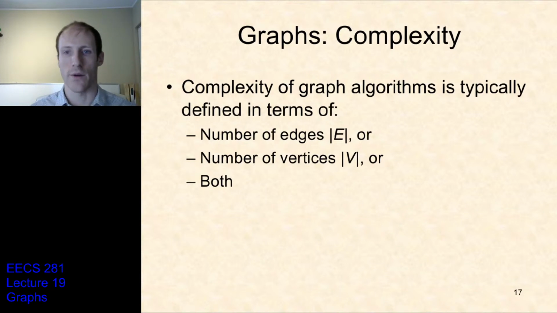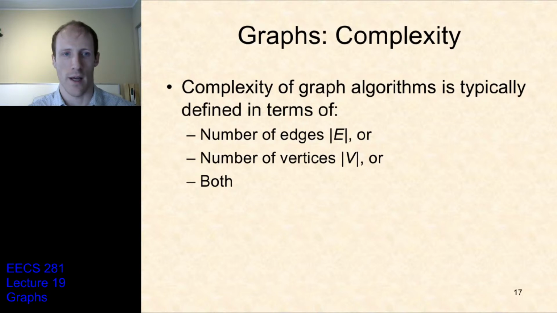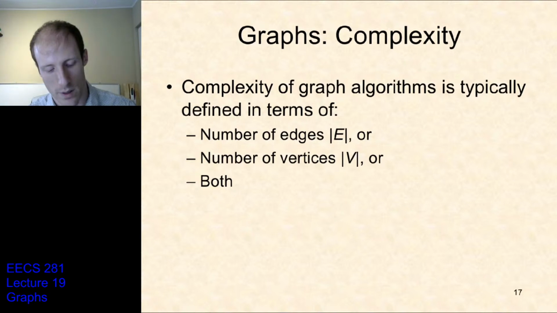Now, as we start to talk about graph algorithms, we're going to start thinking about the complexity of these algorithms. And for graphs, there's actually kind of two numbers that we're going to express our complexity in terms of, right? So we're going to express it in terms of the number of edges or the number of vertices, or both.